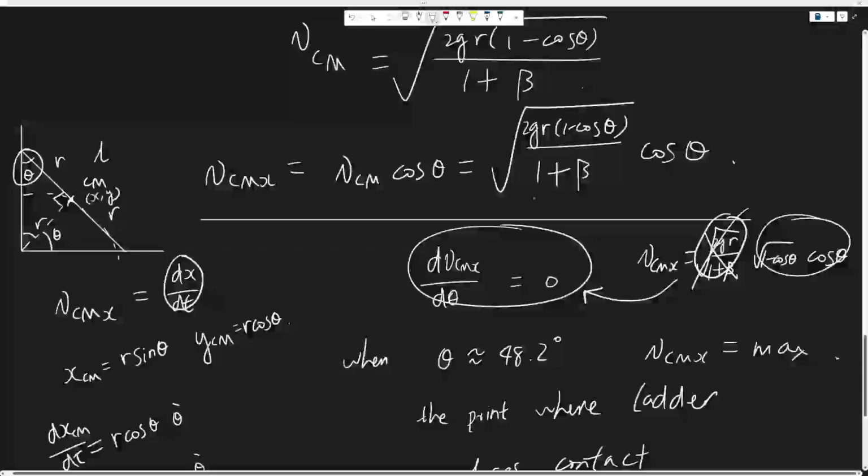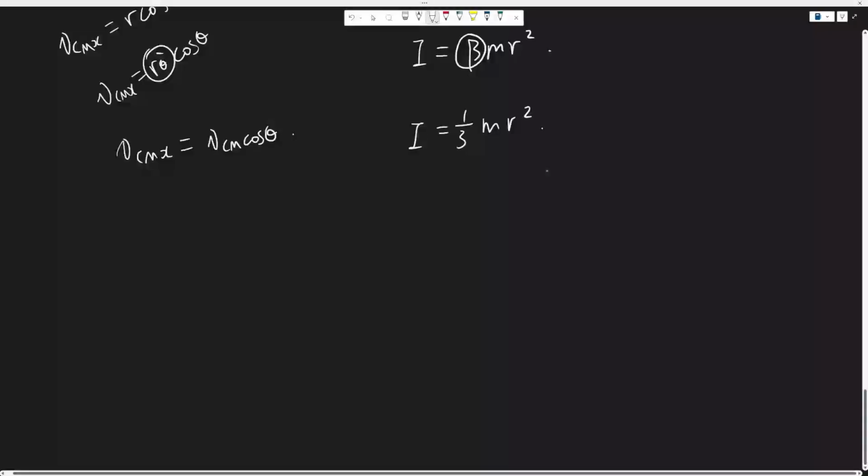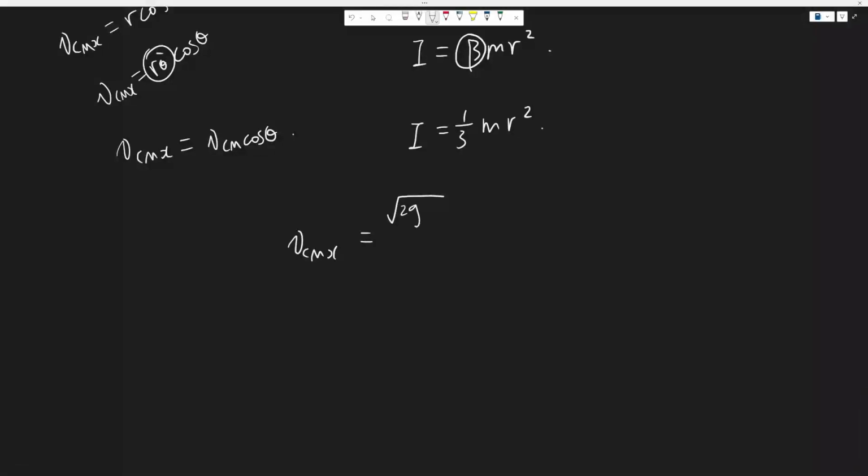Just plugging these values back into the expression here, we find that vcmx equals the square root of 2 g r over 3. Because we defined r as L over 2, this is just equal to the square root of g L over 3.